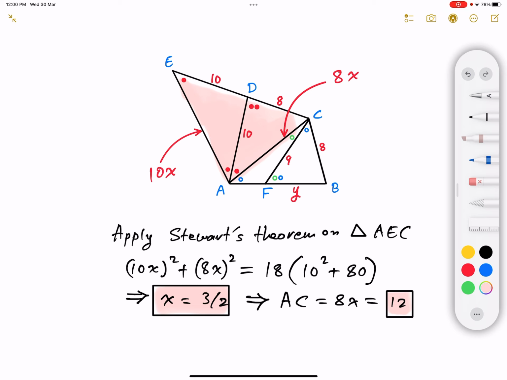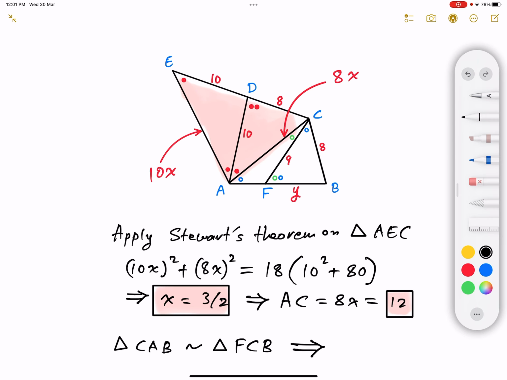Now, having calculated the length AC, we can benefit from the fact that the triangle CAB is similar to the triangle FCB.